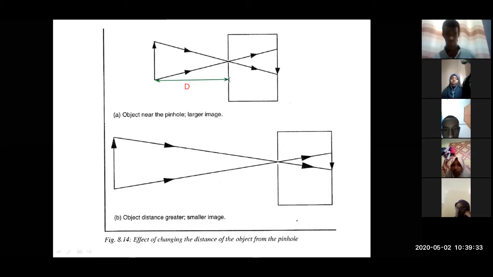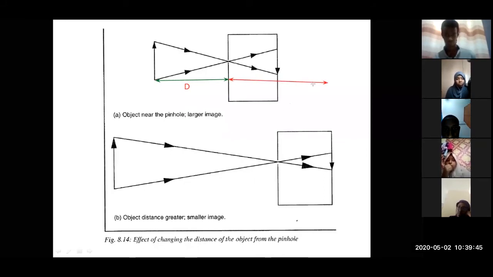And then we are now going to vary this other distance, so we make this distance longer. The distance in front here, D, we call the object distance. That's the distance from the object to the pinhole.